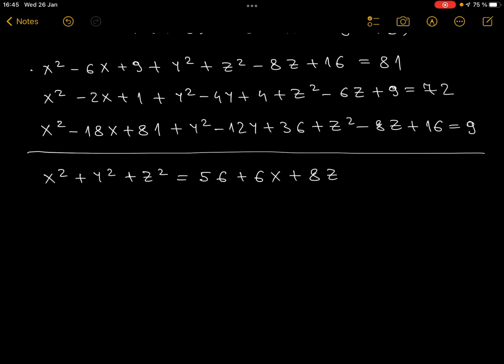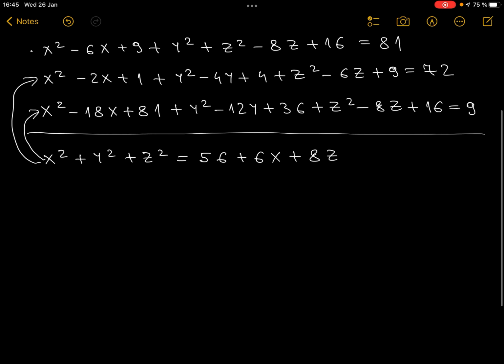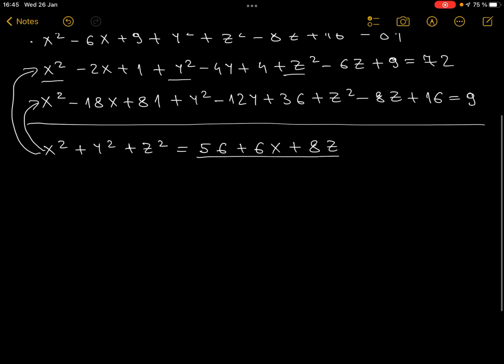Now, let's just substitute this into the other two equations. Okay? So I'm going to substitute that in here and into here. So instead of x squared plus y squared plus z squared, I'm going to write this down here.